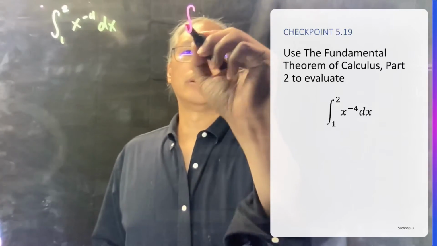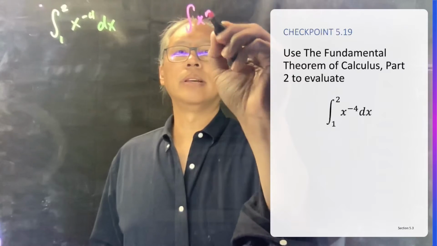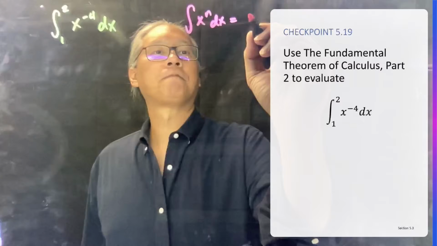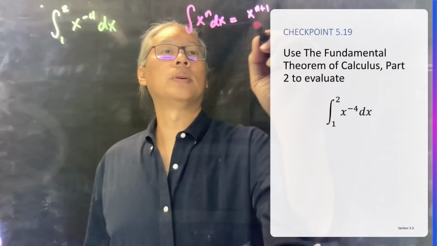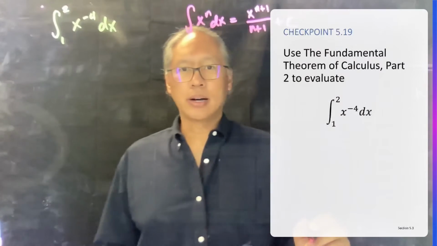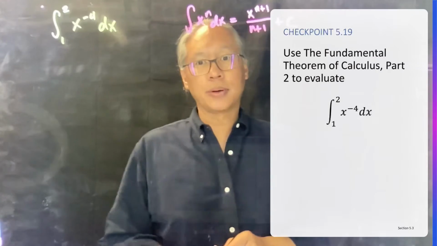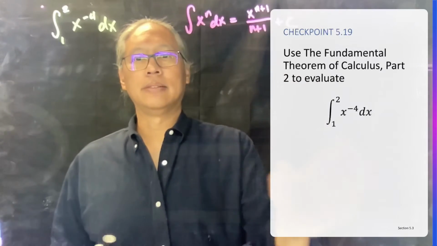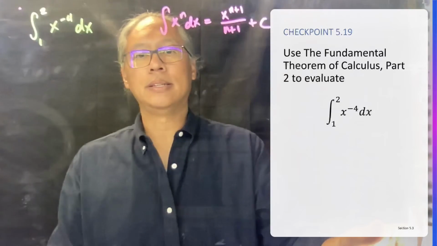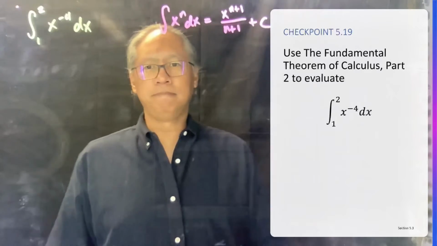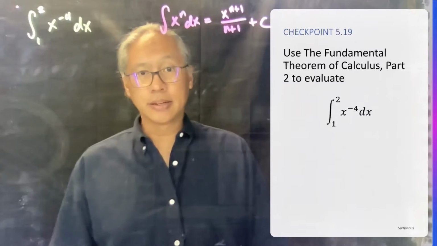In particular, the antiderivative of x to the n dx is going to be x to the n plus 1 divided by n plus 1. And then we throw in a constant c that we're not going to worry too much about right now, but just say that this is the antiderivative. And so I put a plus c sitting over there. And we'll get to the plus c's later on.